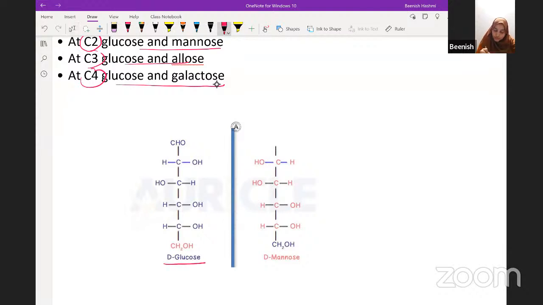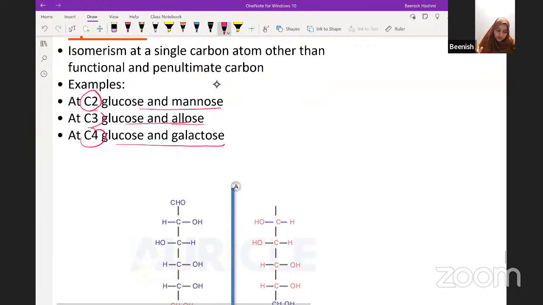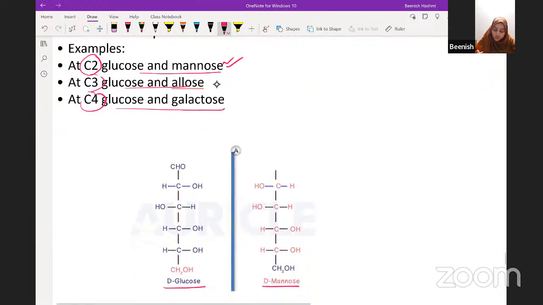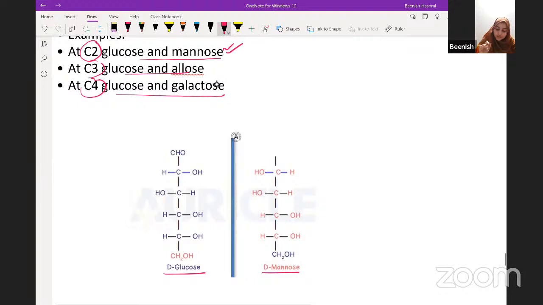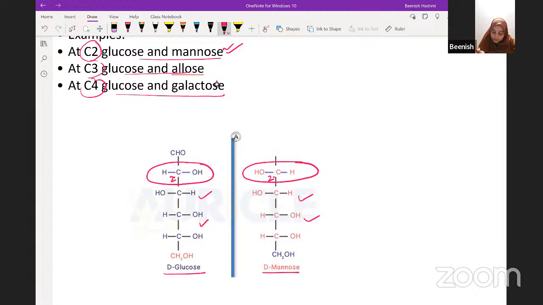This is your glucose, this is your mannose, and we've just said that glucose and mannose are epimers at carbon 2. That is, there will be a difference in orientation only at carbon 2. So this is your carbon 2, and there is a difference in orientation only at a single carbon. You can see at carbon 2, the orientation of hydroxyl and hydrogen is different, but at the rest of the carbons, you can see the orientation is the same.